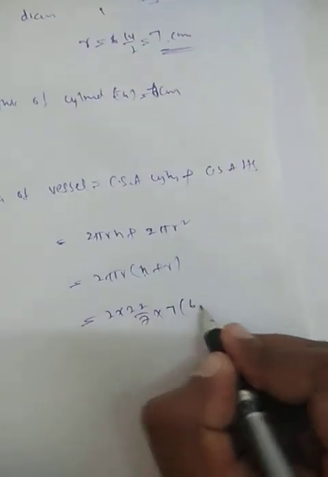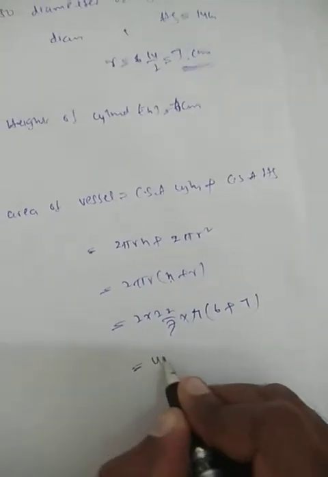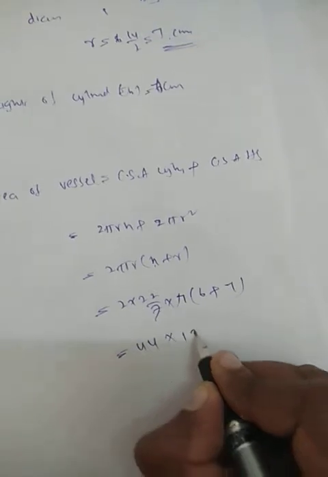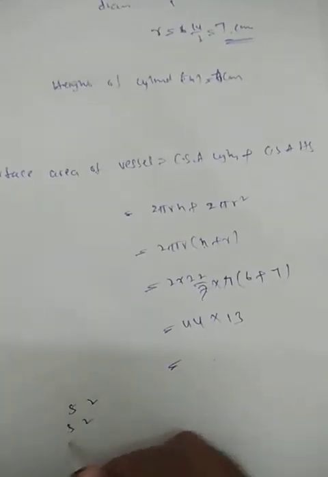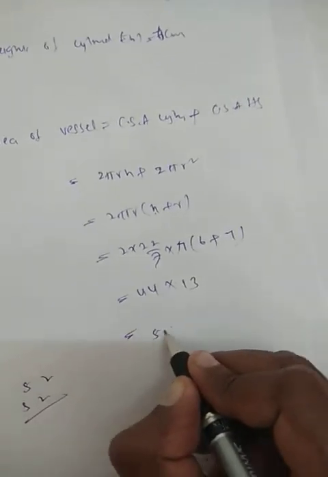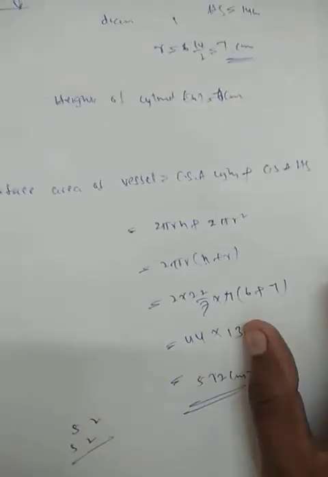So 6 plus 7 is 13. The 7 will be cancelled. So 44 into 13, 4 13s are 52, and you will get 572 centimeter square. This will be the curved surface area of the solid.